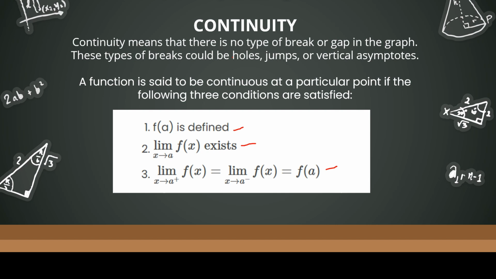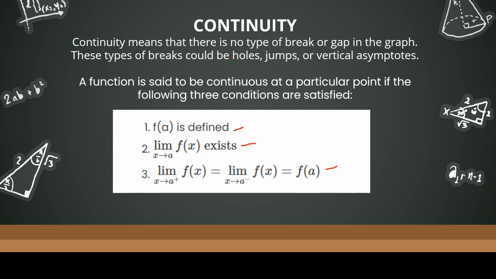If not, there's a removable discontinuity, like a hole in the graph. These are the three conditions we must satisfy in order for our function to be continuous. If all three conditions are met, the function is continuous. But if even one fails, we have a discontinuity.